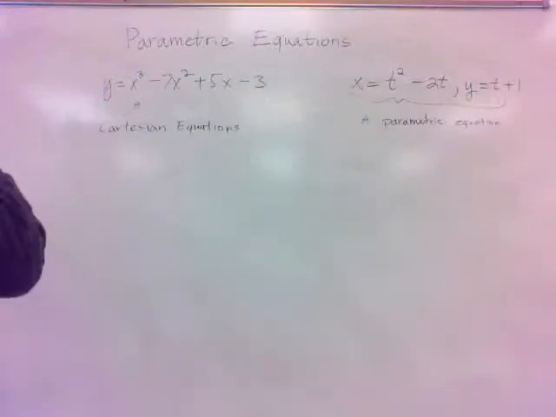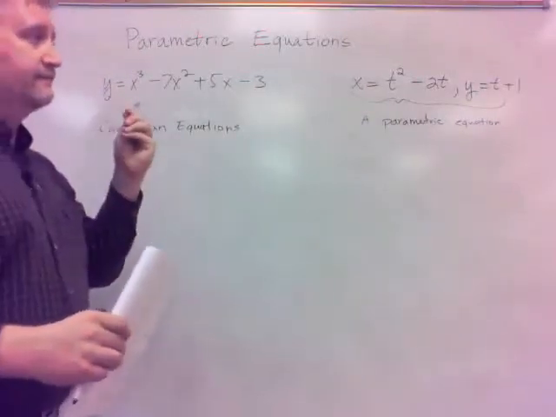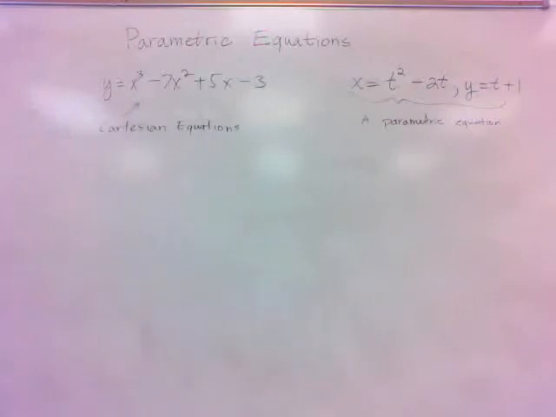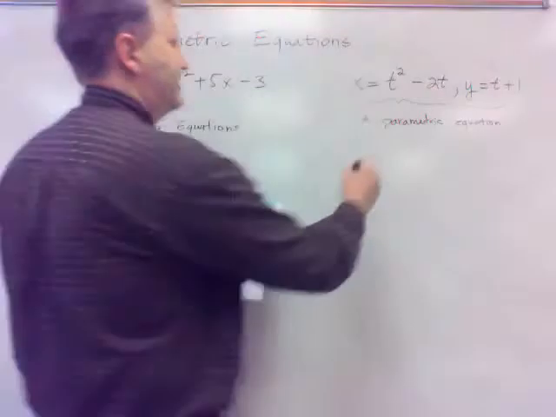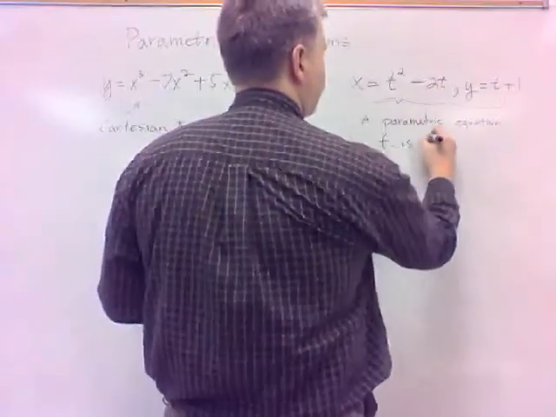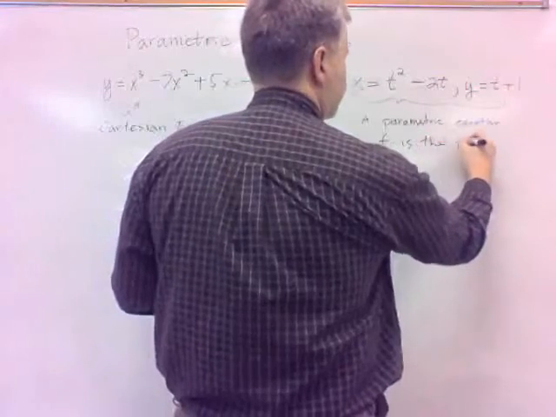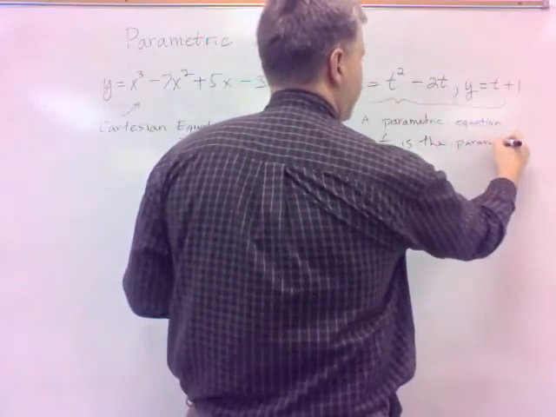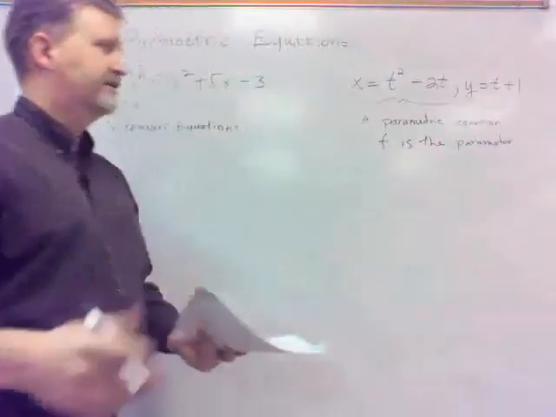It's the idea of assigning the x and y values through a third variable called a parameter, t. T is the parameter, and we'll use that mostly for the parameter, but you could use theta.